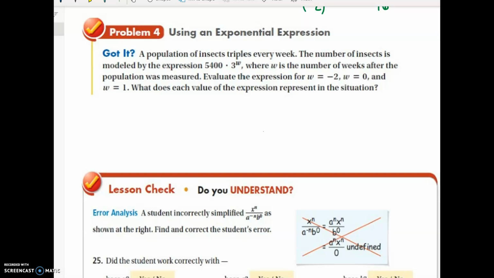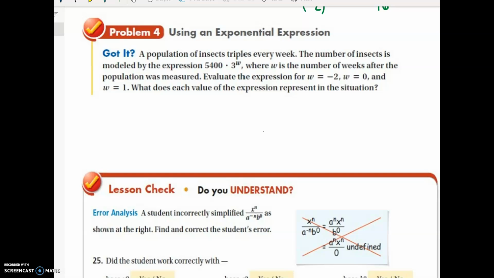A population of insects is modeled by this expression where W is the number of weeks after the population was initially measured. So they want us to evaluate this expression when W is negative 2. So that would be 2 weeks previous to when they measured it.